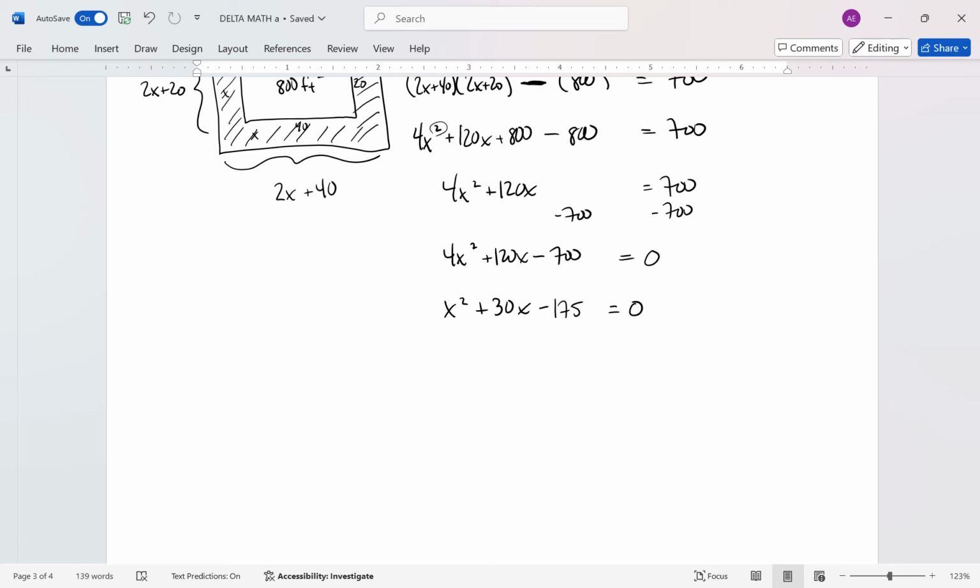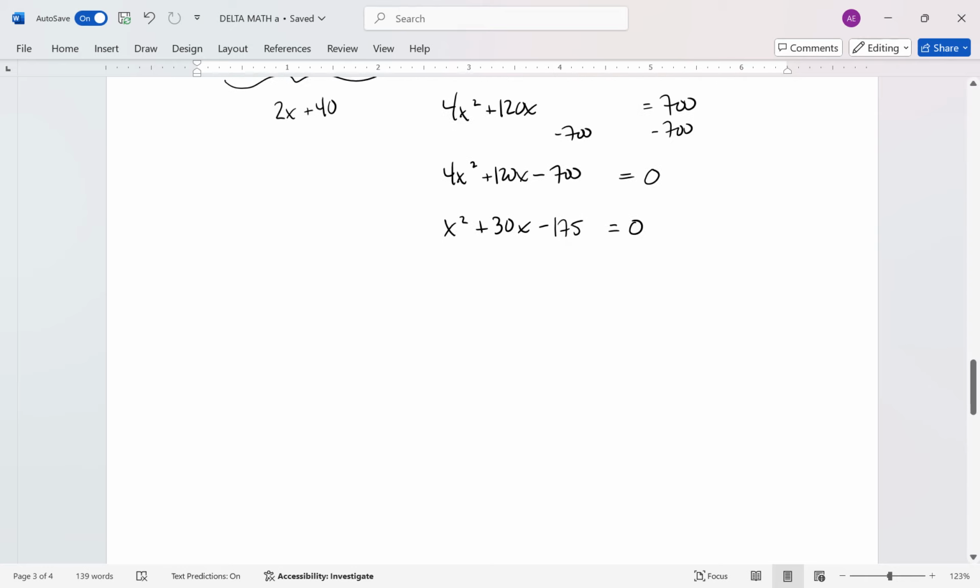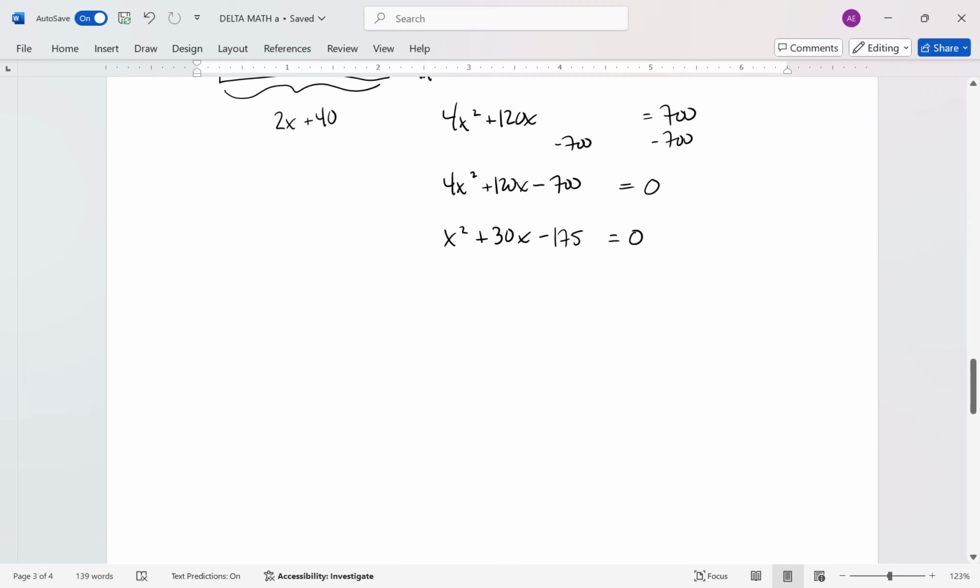If you know those, great. If not, I guess we're doing the quadratic formula. I could do both because I know it's 35 and 5 if I'm not mistaken. So I know that this will factor to x plus 35 times x minus 5 equals 0.